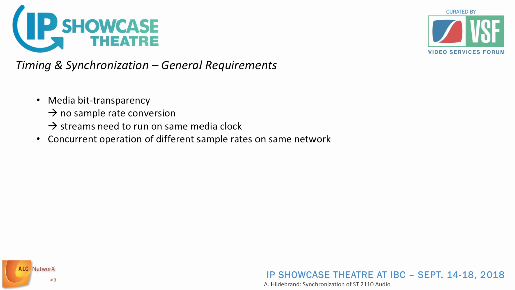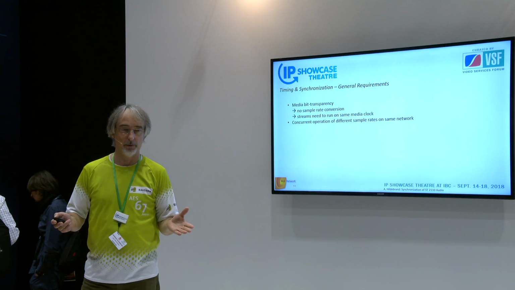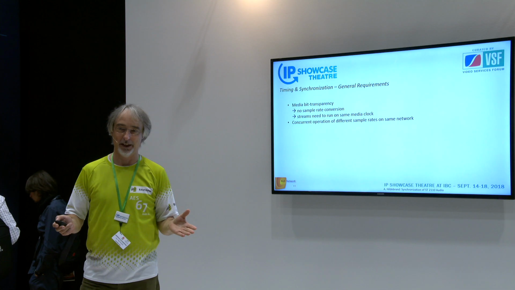So we need to make sure that whatever we do, the media gets through with full bit transparency. That doesn't sound like a requirement for synchronization yet, but it is. So we can't use sample rate conversion, and we need all streams, basically all devices, to run on the same media clock. And not just nominally at the same media clock, but actually the very same media clock.